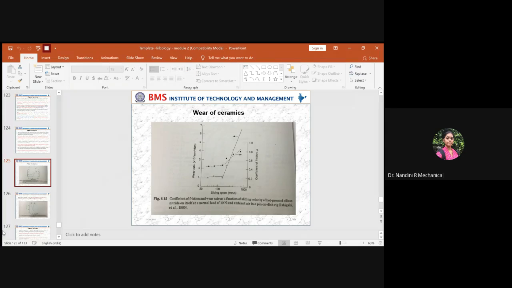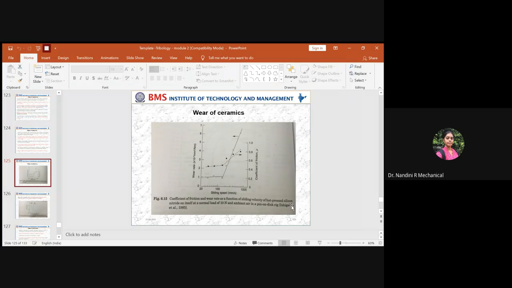Okay, so this is a diagram which represents the coefficient of friction and wear rate as a function of sliding velocity. Here the sliding velocity is taken along the x-axis, and the wear rate and the coefficient of friction are taken along the y-axis. These are the results for silicon nitride.